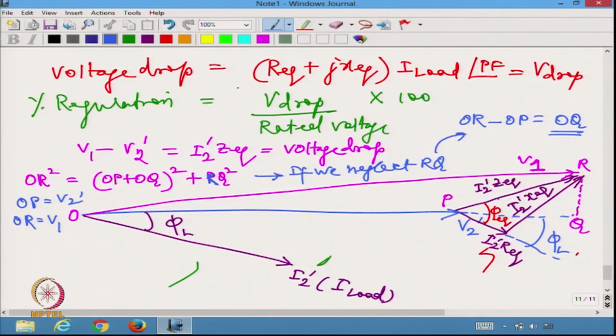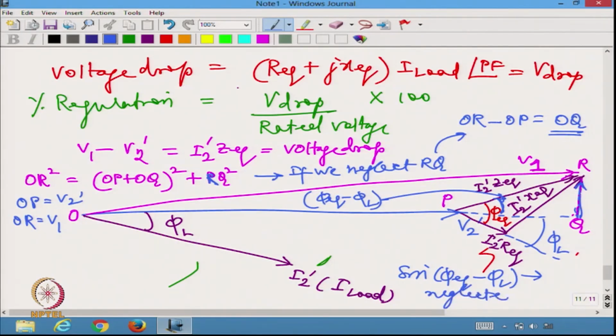If this angle is small, then I can afford to neglect this vertical component of this voltage drop. This angle will be phi equivalent minus phi L. So, sine of phi equivalent minus phi L, this we are neglecting, this is neglected.